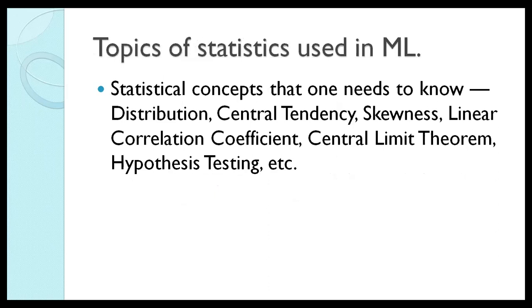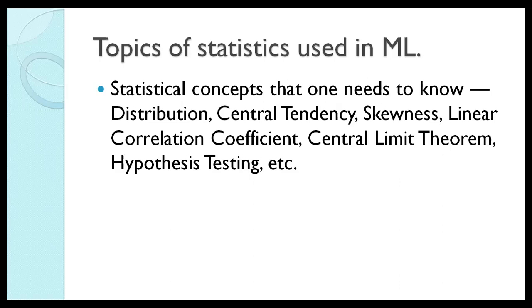Topics of statistics used in ML. What is ML here? ML is machine learning. The topics of statistics in machine learning are distribution, central tendency, skewness, linear regression and correlation coefficient, the central limit theorem, and hypothesis testing. The central limit theorem is very important in statistics.